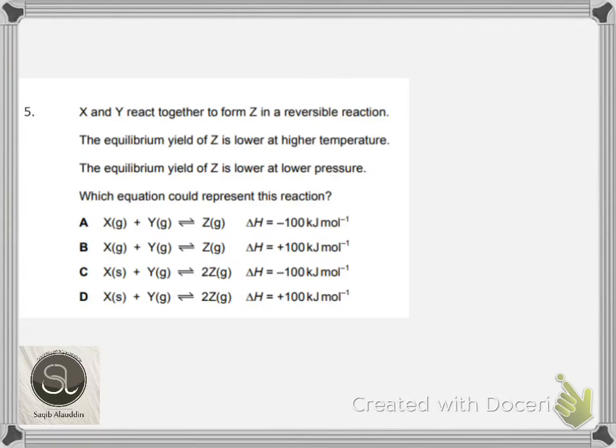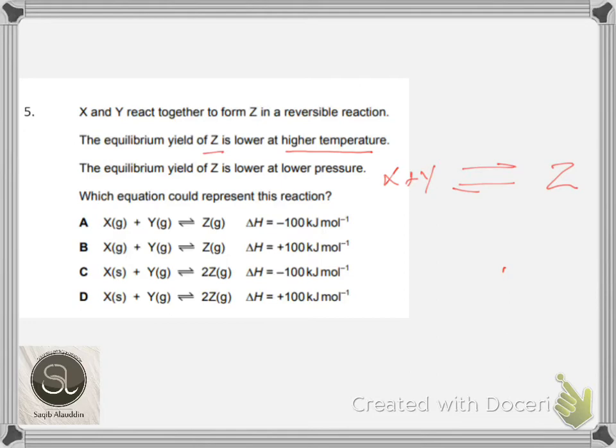Question number 5. X and Y react together to form Z in a reversible reaction. The equilibrium yield of Z is lower at a higher temperature. Now, remember I told you, whenever you have a reversible reaction, Z is in the product, and X and Y are on the reactant side.